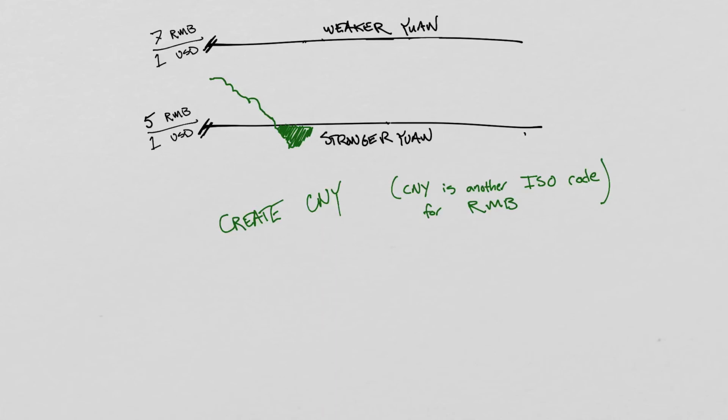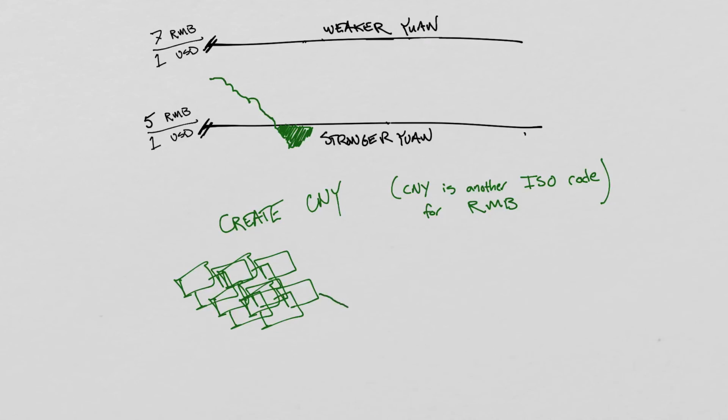They can just print more CNY, more Chinese yuan, and then sell it in the foreign exchange market. That act of printing all this money and then selling it in the open market will, just by increasing the supply, lower the value of the yuan against foreign currencies.